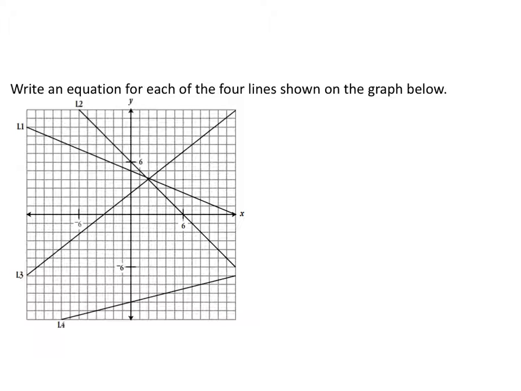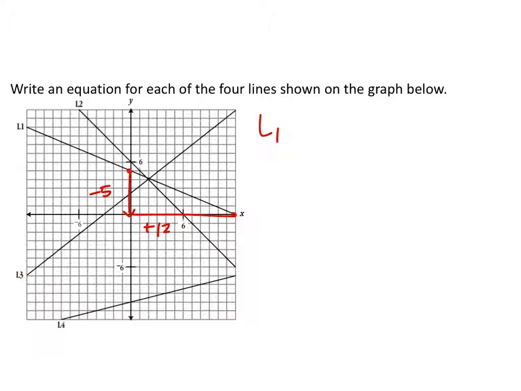Alright, let's go over these ones. The first one I'm going to start with is L1, which is this line right here. I can find a couple points on this line that will help me figure out what the slope is. So this one goes down 5, and then to the right it appears to be 12.